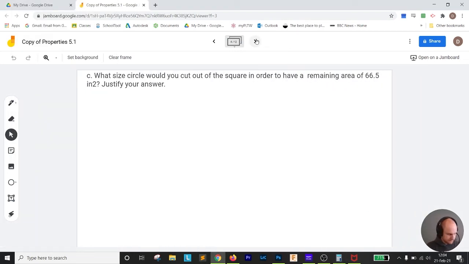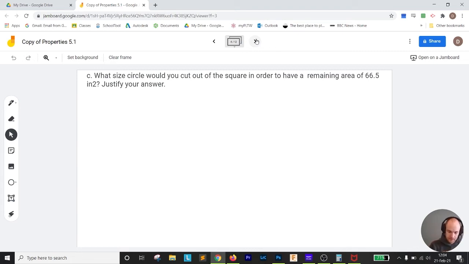Moving on to 2C. This is asking, what size circle would you cut out of the square in order to have the remaining area be 66.5 inches squared? Okay, so this is a little more complicated. So first our area is changing.